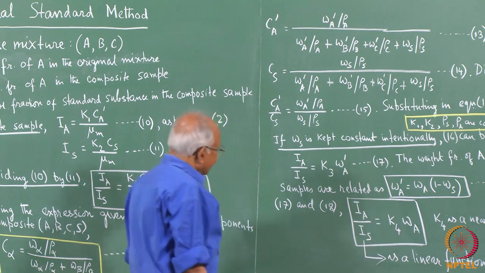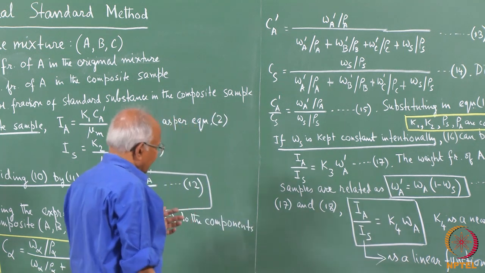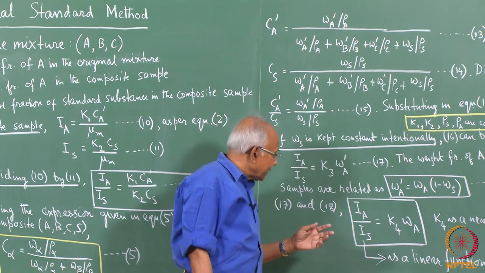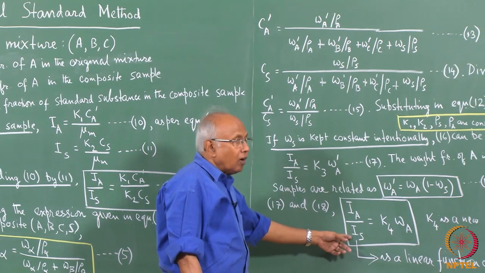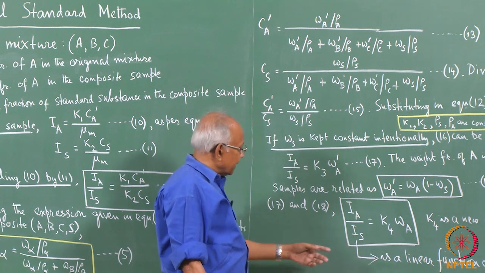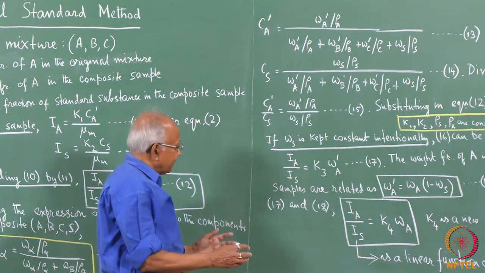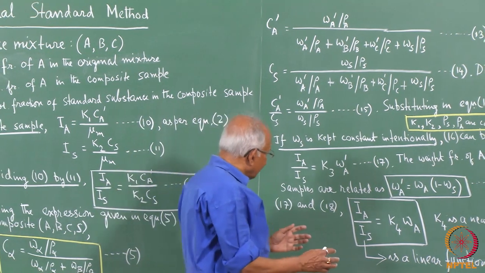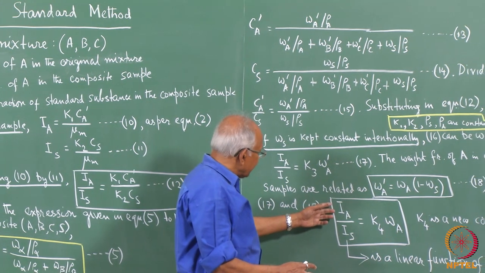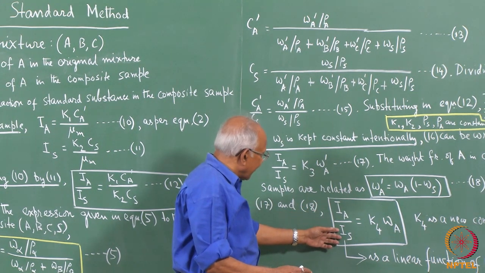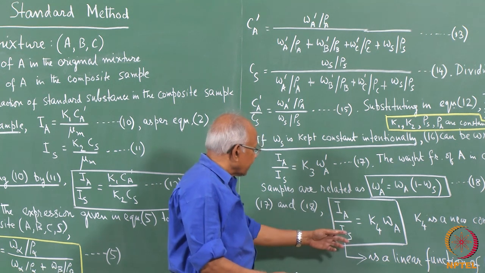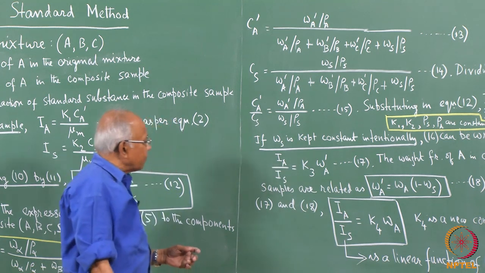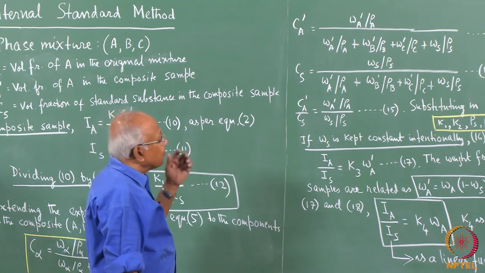So, you see that if we concentrate on a particular line of A and a particular line of the standard material in the composite that we have made, and if we divide the intensity of A by the intensity of S, then this expression will be a linear function of W_A, the weight fraction of A in the phase mixture.